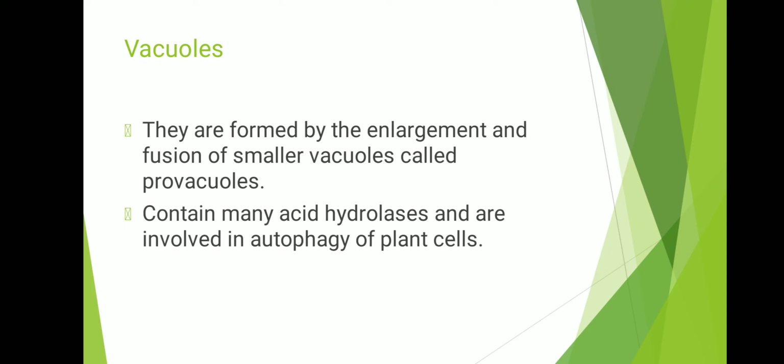While studying these vacuoles under the microscope, it has often been observed that inside these vacuoles there are different cell organelles, like mitochondria or plastids, which suggests that these vacuoles are involved in the autophagy of plant cells. So they act as a recycling process for us.